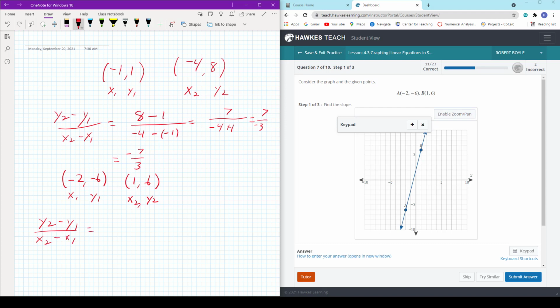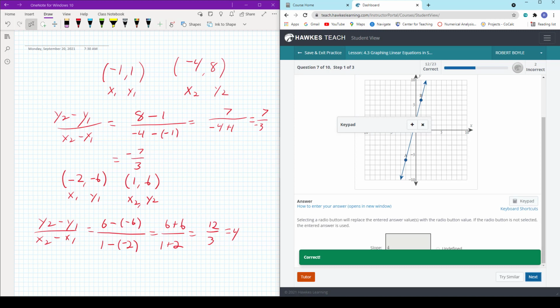That is going to be equal to 6 minus a negative 6 divided by 1 minus a negative 2. That will be 6 plus 6 over 1 plus 2, which is equal to 12, divided by 3, which is equal to 4. So in this case, the slope should be 4.